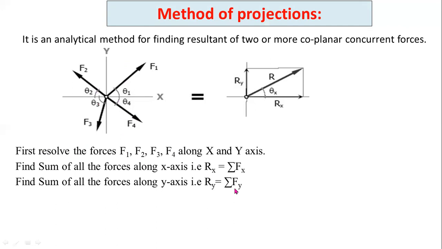In yesterday's class I already explained how to resolve the forces into x component and y component, so please refer to yesterday's class. In the first step, you have to resolve all the forces into x component and y component.